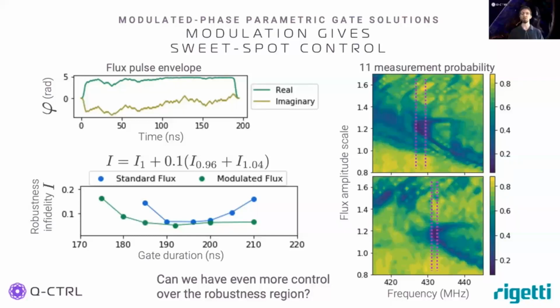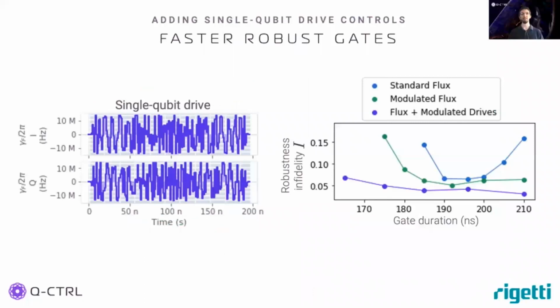But can we have still more control over the robustness region? Let's now add in single qubit drives for the 2 qubits, where the I and Q components for an example drive with a fixed maximum Rabi rate are shown on the left. And for simplicity, both drives are at the transition frequency of the fixed frequency qubit.